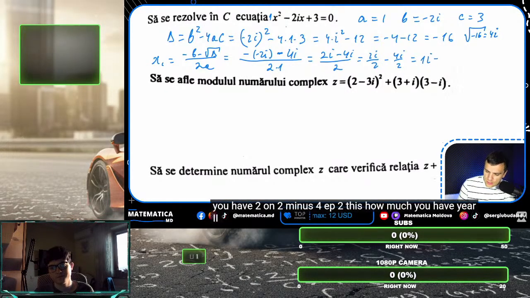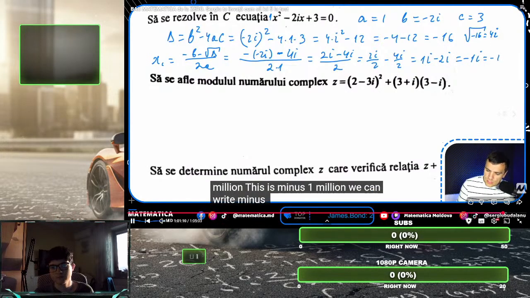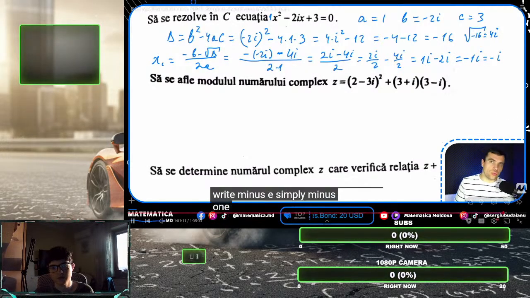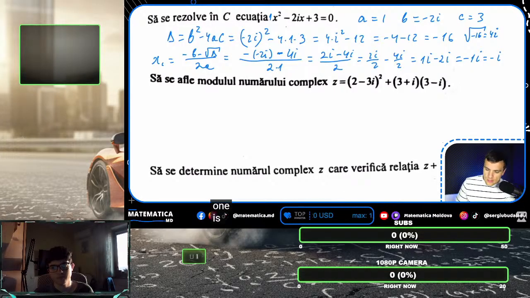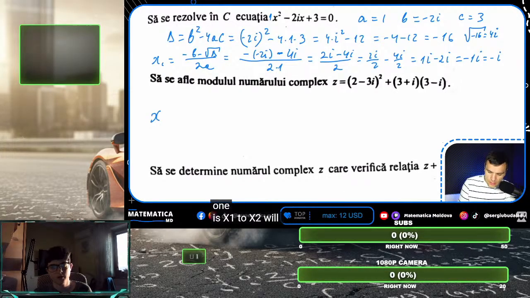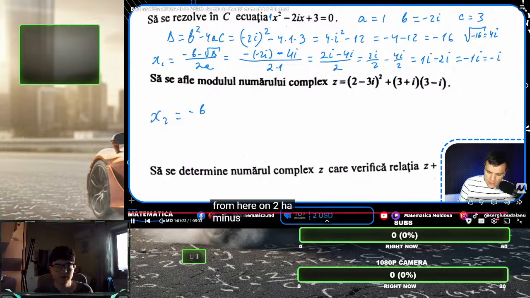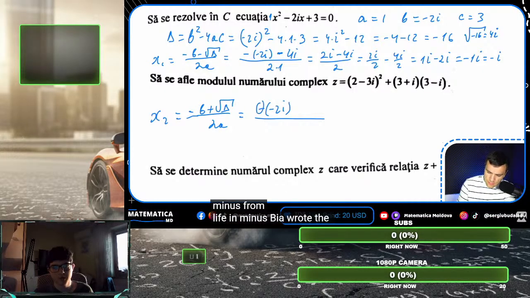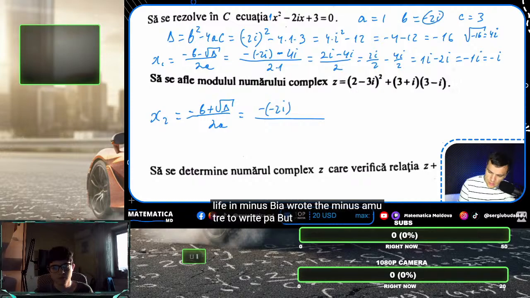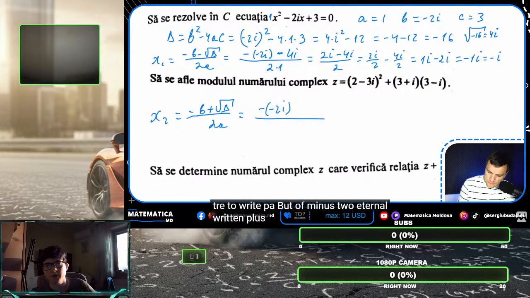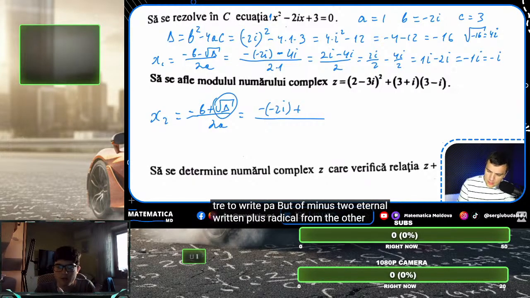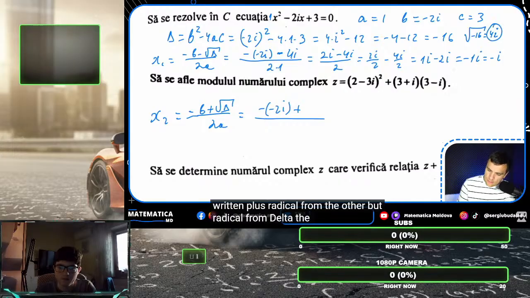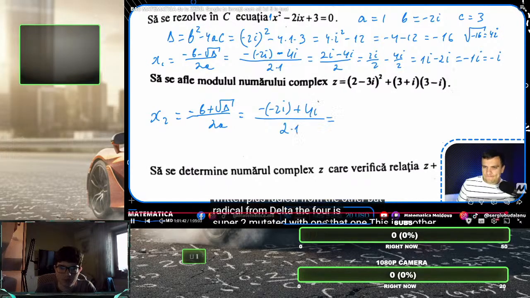So yeah, minus i. And now we do the second x. The second x, we got exactly this. Now we put a plus there. So now we're gonna have 6i divided by 2, so that's gonna be 3i in the end.